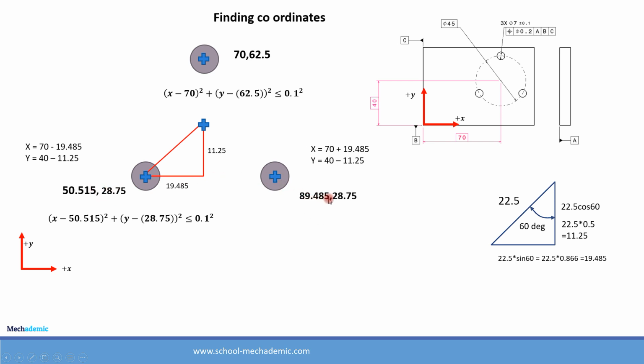So x is 89.485, which is 70 plus 19.485, and the y coordinate remains the same, which is 28.75. So writing the equation in the form of the h and k which has been found, these three are the governing equations using which we can find out whether a part which has been manufactured with respect to this drawing is acceptable within the limits or not.